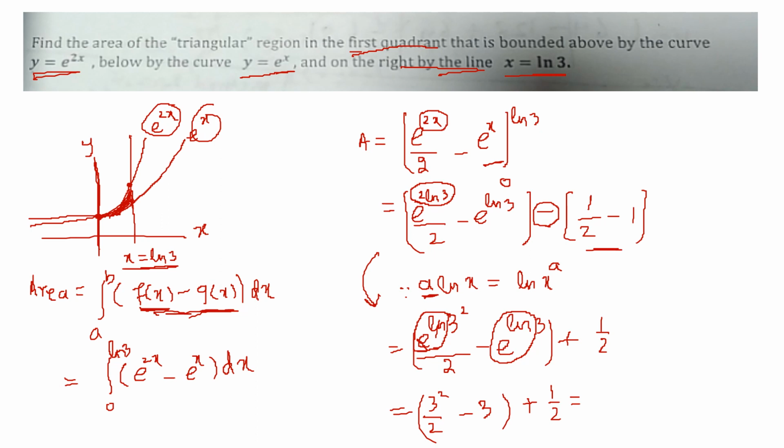This is 9 divided by 2 minus 3 plus 1 by 2, and the final answer for the area is given by adding and subtracting these terms. We get 2. So the area that we were interested in is 2 units.